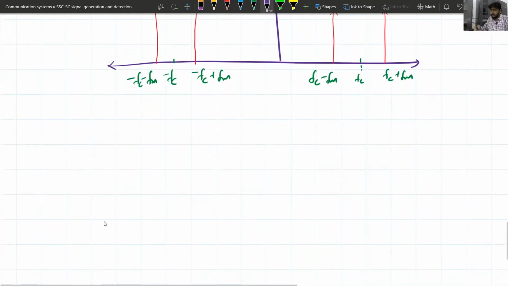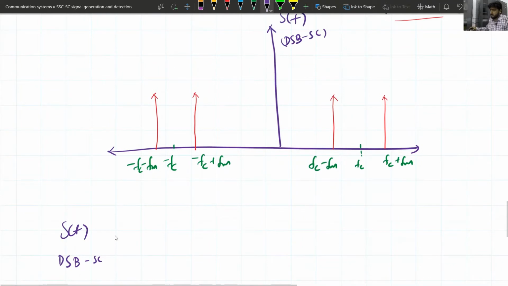So once again writing S_DSB-SC(t), and here its magnitude will be A_C times A_M by 4.